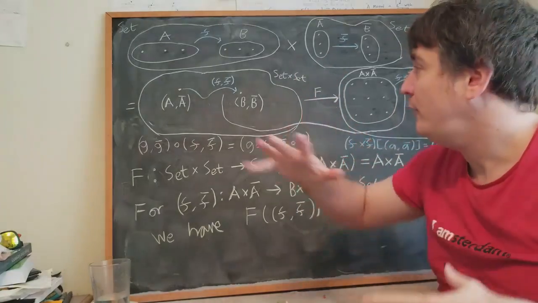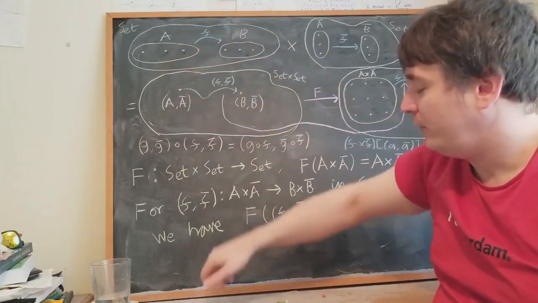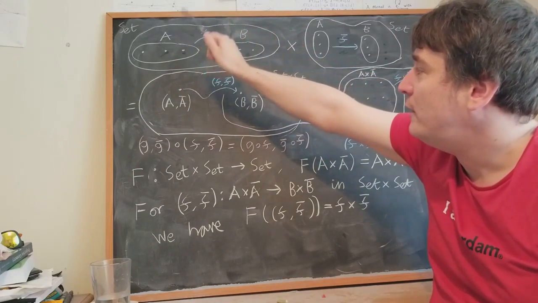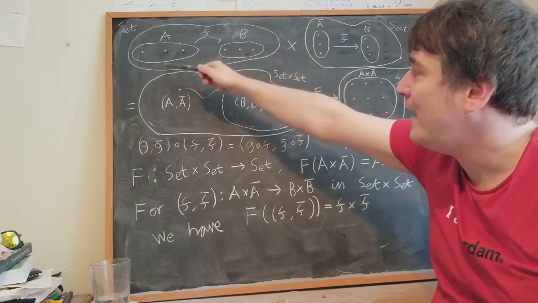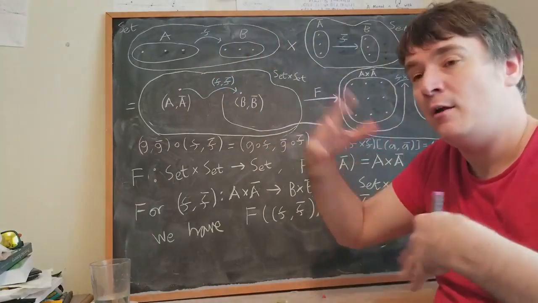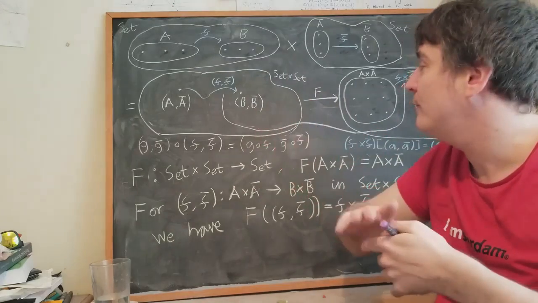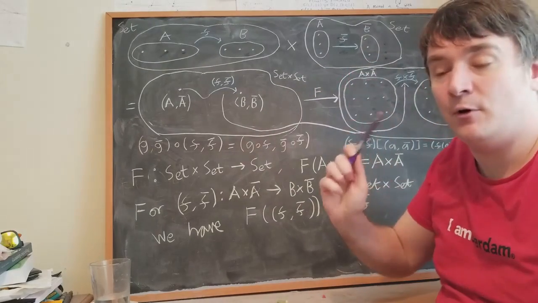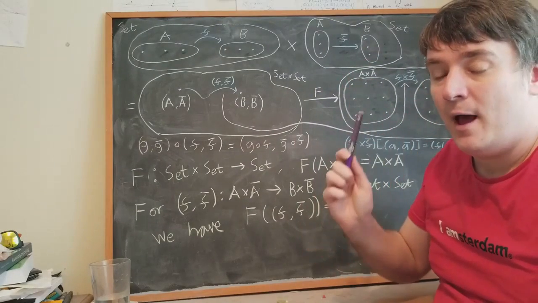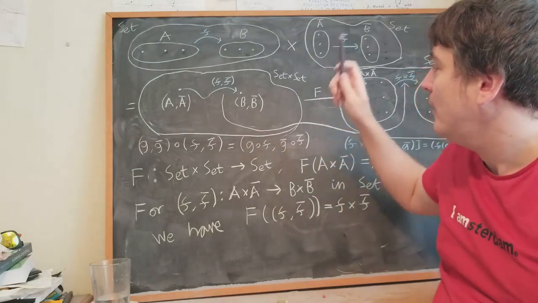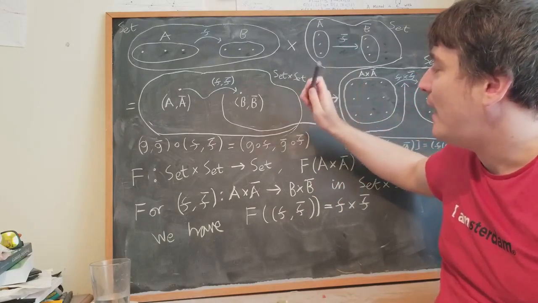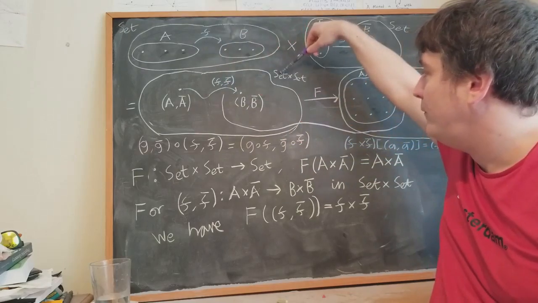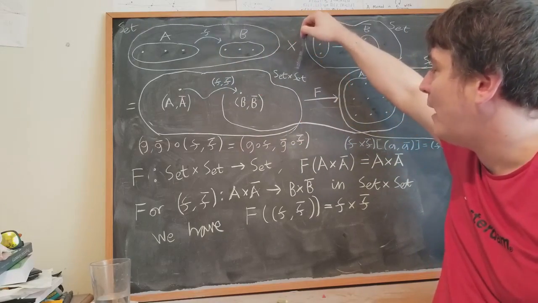So Set is a category. It has sets as objects and functions as arrows, and we can consider the product of the category Set with itself. So this is this notion of products of categories. The result is going to be called Set times Set, and if you recall from the definition of a product of categories, the objects in this thing, Set times Set, are going to be pairs: an object from this category and an object from this category.